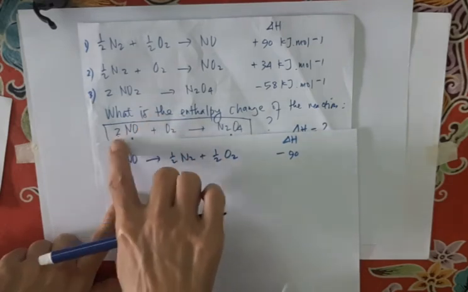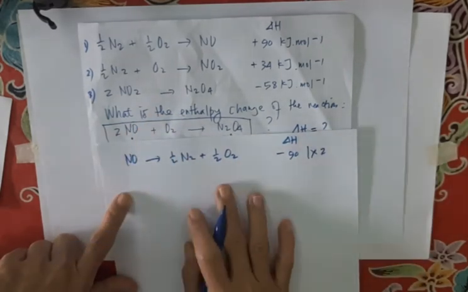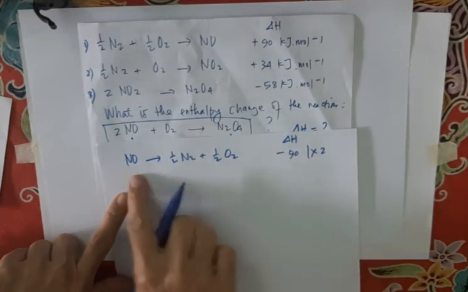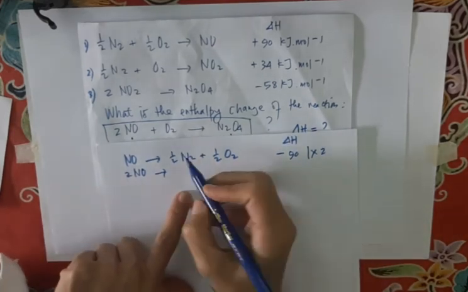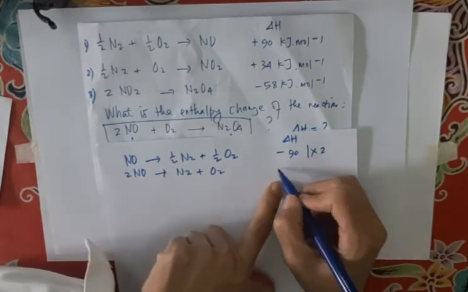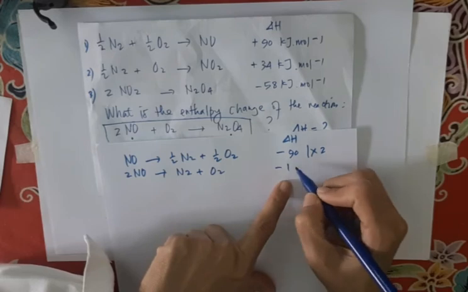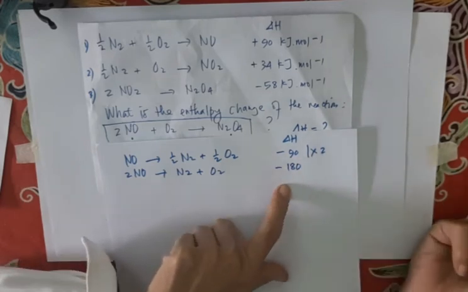We have 2 here, multiply by 2. Right? 2NO turns into N2 plus O2, and delta H is minus 180, right?